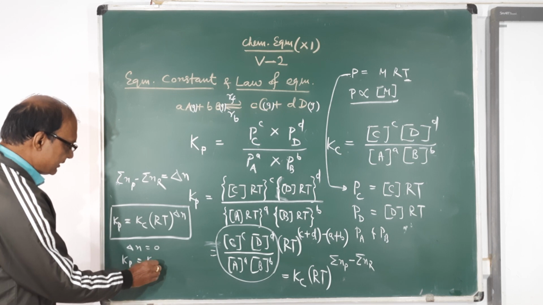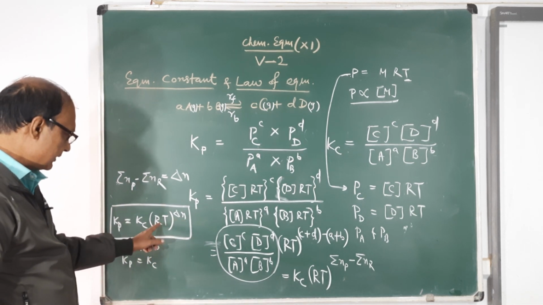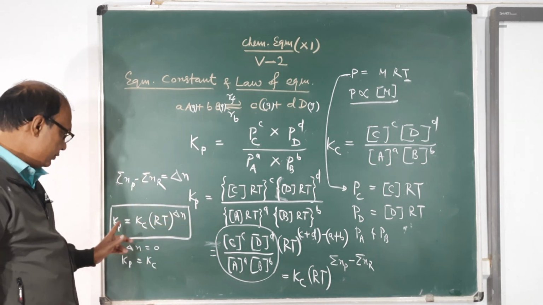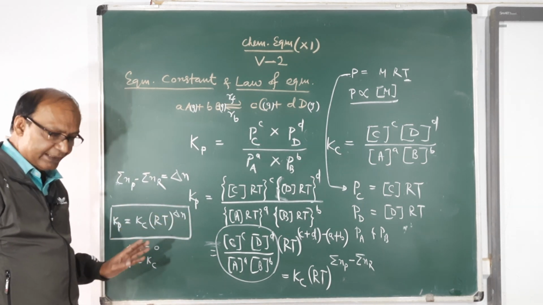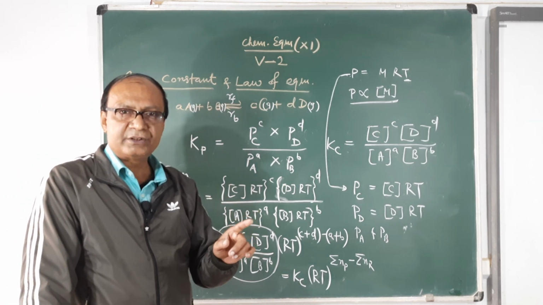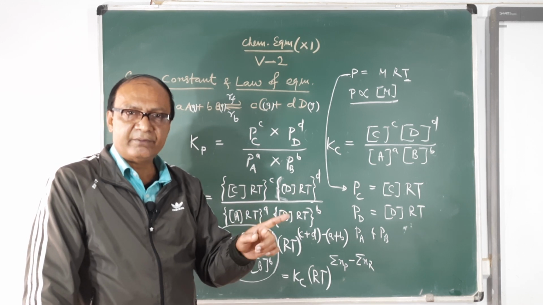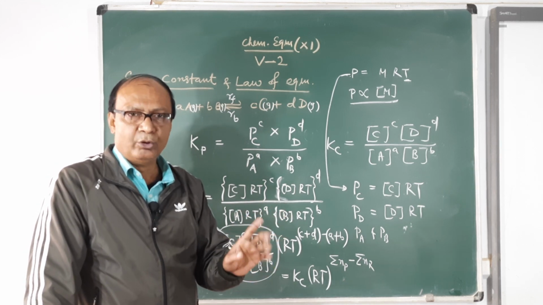There is no change in the values. When delta n equals 0, RT to the power 0 means 1, so Kp equals Kc. So, in an equilibrium system, if the change in the number of moles is 0, then the Kp value and Kc value are both equal.